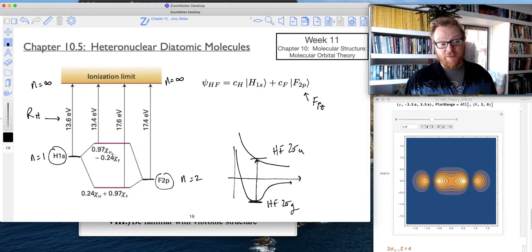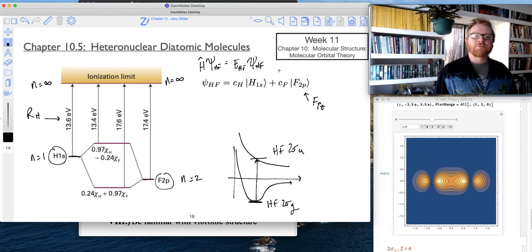We could then get at these coefficients by solving this wave function. In other words, the Hamiltonian times psi HF is going to equal E HF times the original wave function.